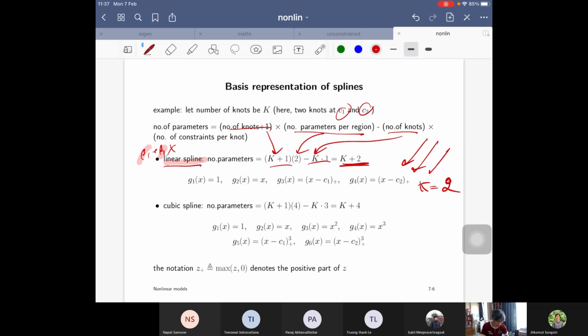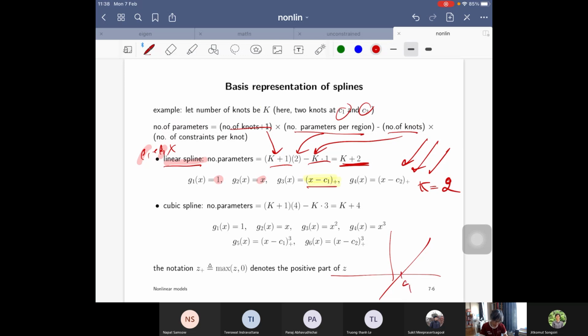For linear splines, the basis functions can be up to first order, so you have 1 and x. For G3 and G4, this notation means that this is a linear function in x.